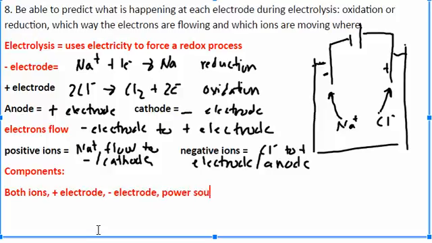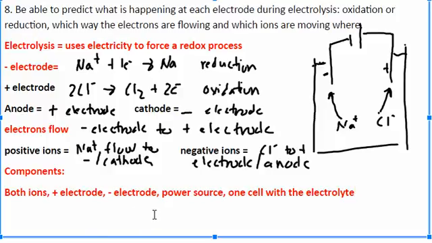You have to have a power source, and if you use the universal symbol, that labels which side's negative and which one's positive. And then you have to show one cell with the electrolyte, which is just a fancy name for ions, which we've already indicated as the Na+ and Cl-.